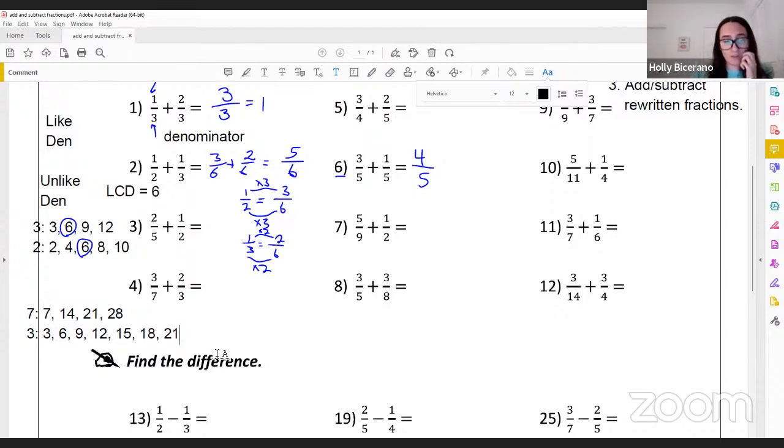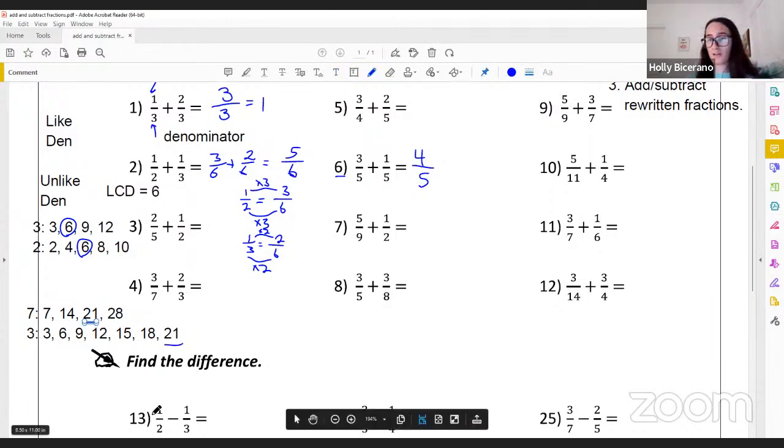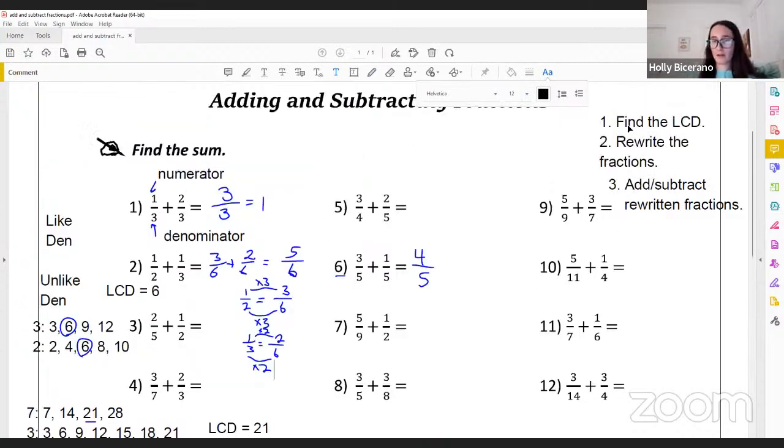We should see that the 21 was in both. So 21 is the lowest common denominator. LCD is 21. So we did the first step here.